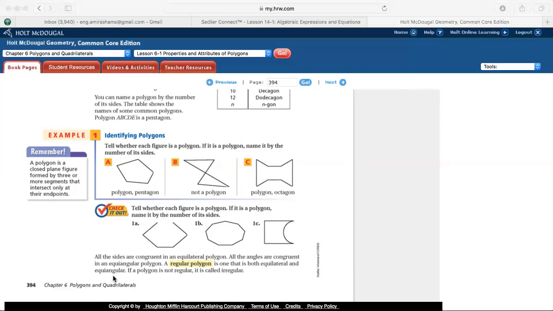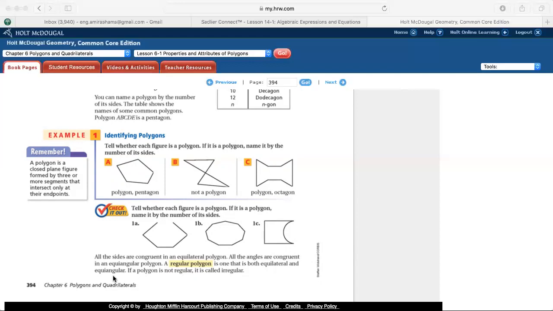If a polygon is not regular, it is called irregular. So a regular polygon is a polygon that has all its sides equal and all its angles equal. If its angles are not all equal and its sides are not all equal, it is called irregular.